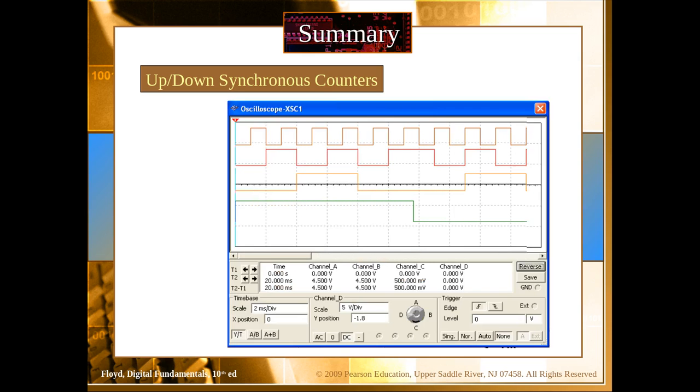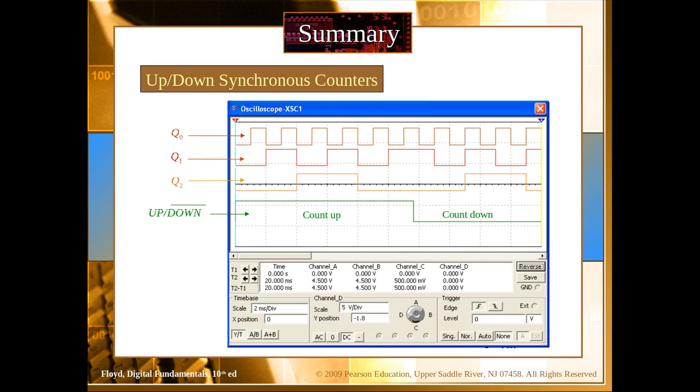Here are some example waveforms. Initially the counter is set as an up counter by setting the up-down input as high, and you can see the output representing the least significant bit, or the output of the first flip-flop, has a high frequency, the second flip-flop has a frequency half of the first one, the third one has a frequency 1/4 of the second one, and so on.